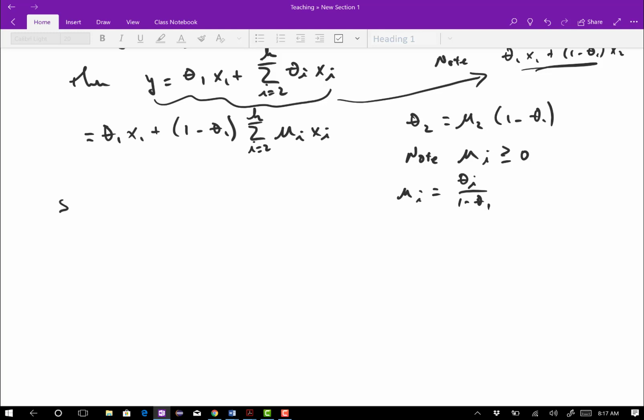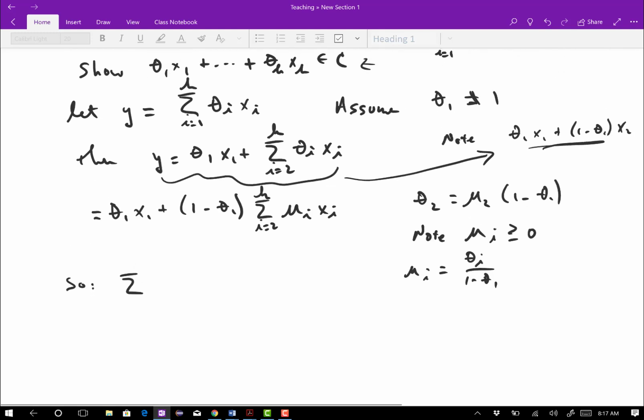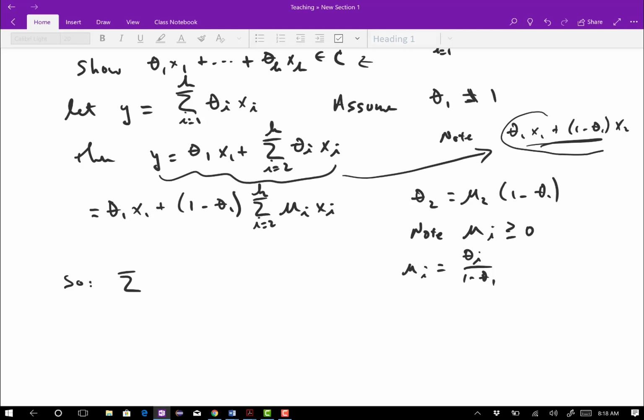So now we can say that the sum, so now I want to work on this part. Basically what I need to do, I know that x1 is in the set. Okay, I know that anything of this form is in the set. So what I need to show is that this is in the set, and then I've proved it.